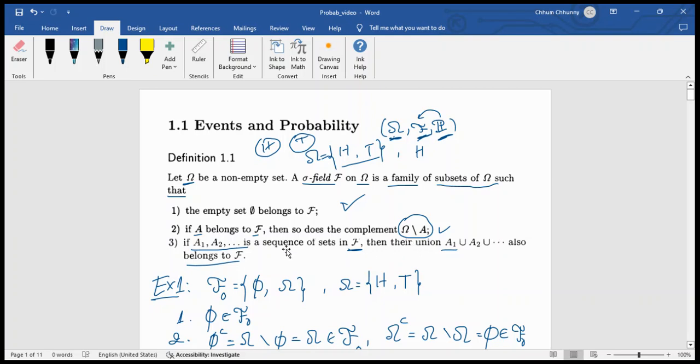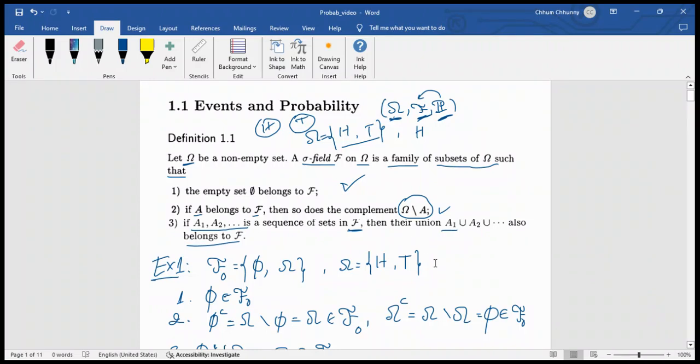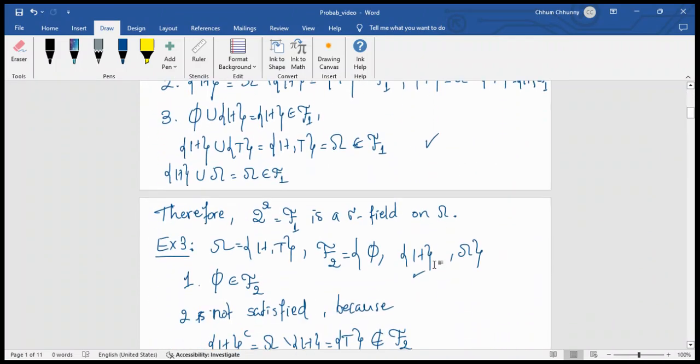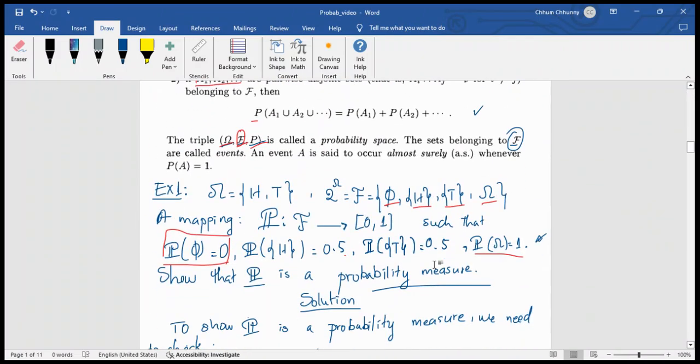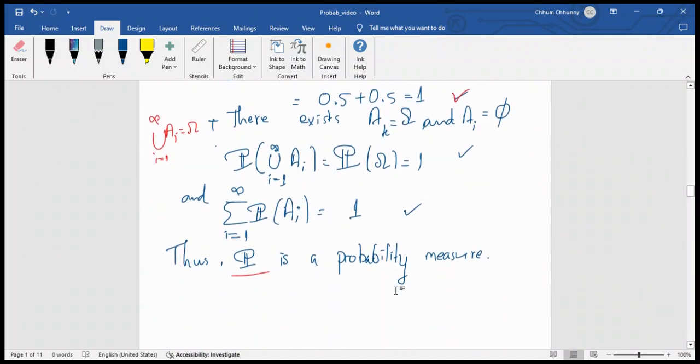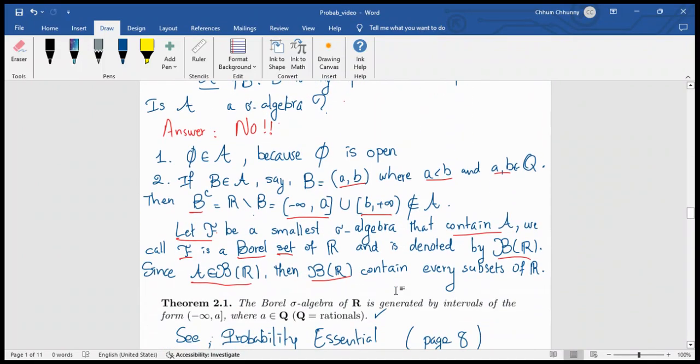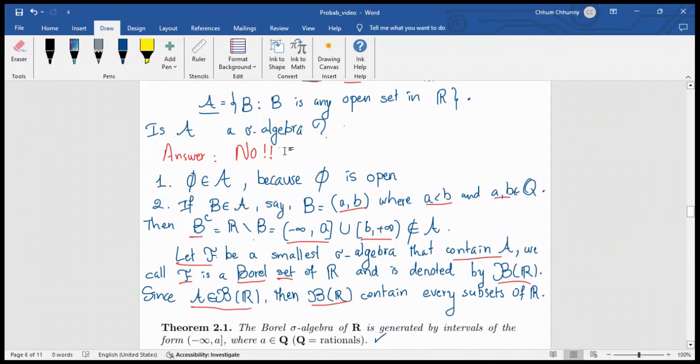The union of a sequence of sets in F has to belong to F also. We will use this definition to check if our set A is a sigma algebra or not. The answer is no.